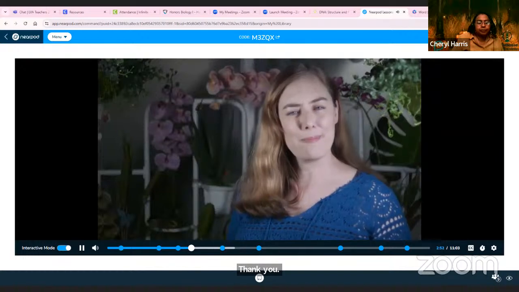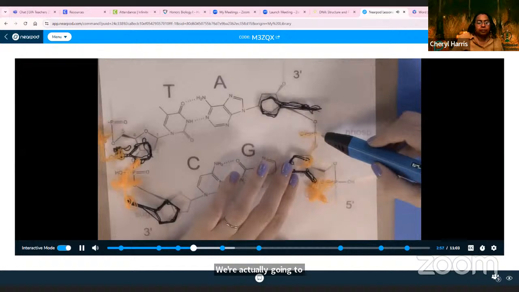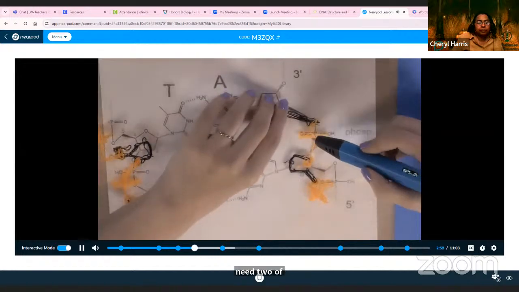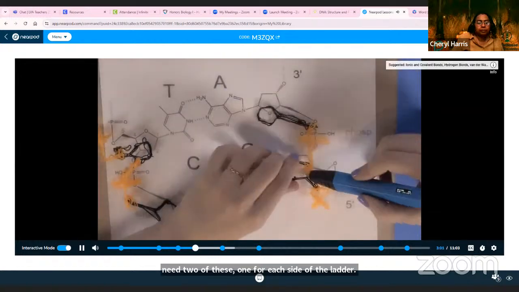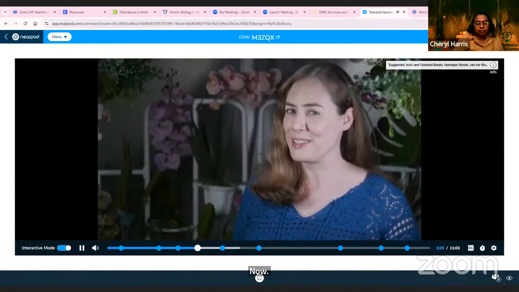We're actually going to need two of these, one for each side of the ladder. Now, let's look at the rungs of the ladder, which is really the business end of DNA.